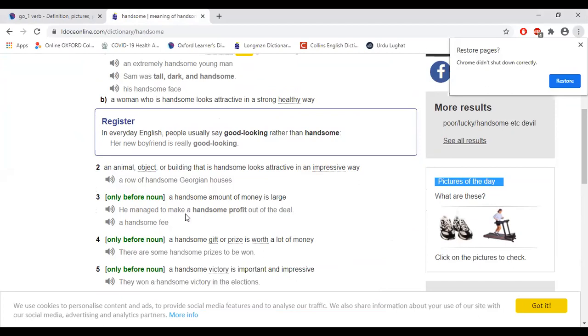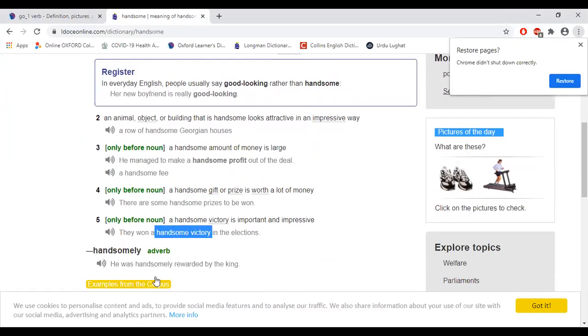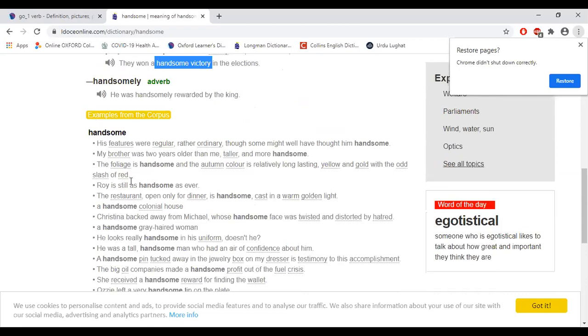He managed to make a handsome profit. Now, handsome profit, you can see handsome is used with profit. Handsome is used with prizes. Handsome is used with victory as well, right? Then you can see further examples below: handsome colonial house, handsome looking, really handsome in his uniform.